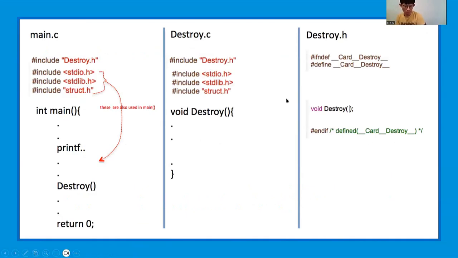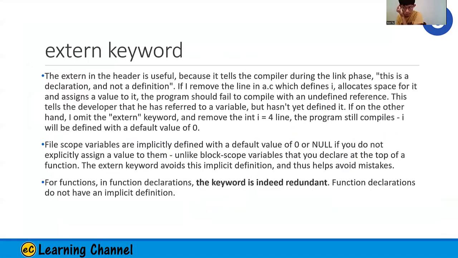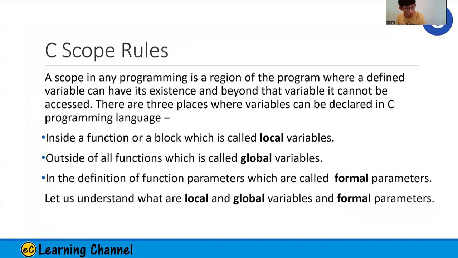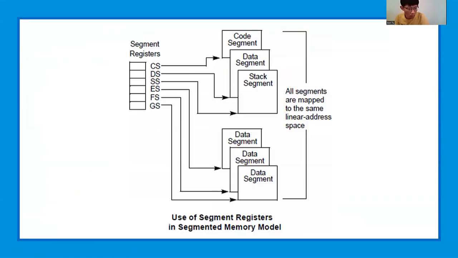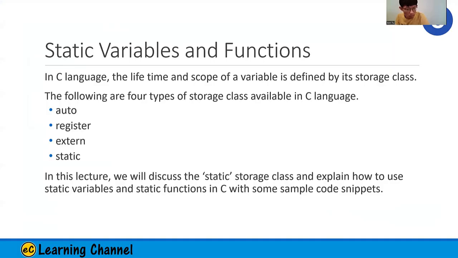This teaches you how to write different modules and compile together. The external keyword we talked about already. So static is private data. There's also auto and register.